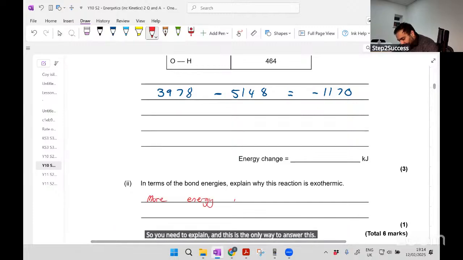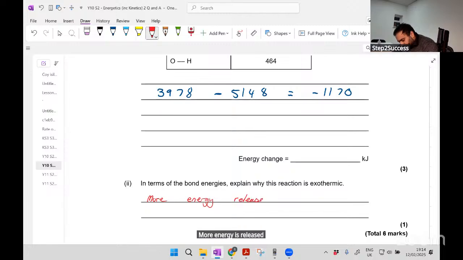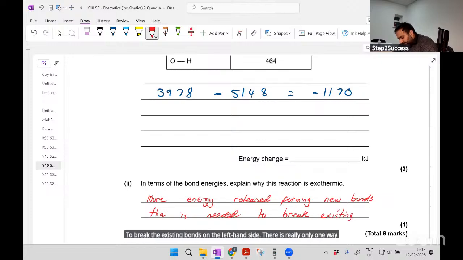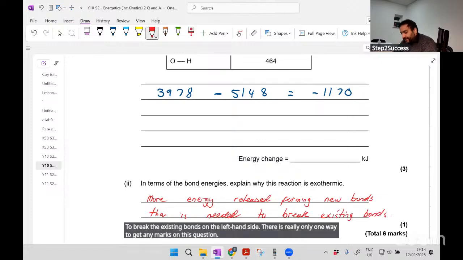More energy is released forming the new bonds on the right-hand side than is needed to break the existing bonds on the left-hand side. There is really only one way to get any marks on this question. You have to say it in that way.